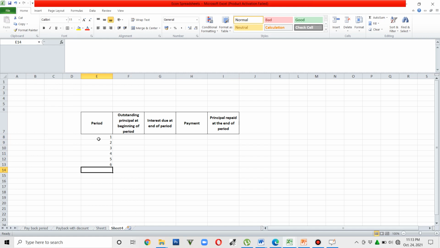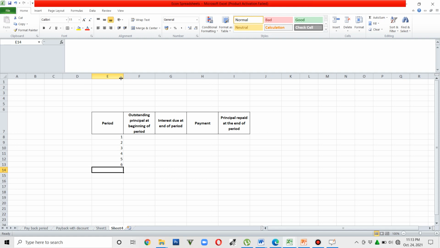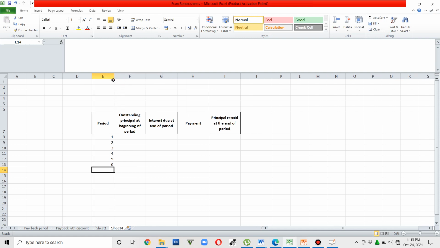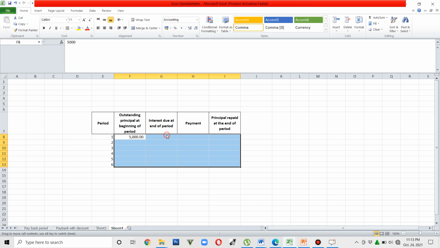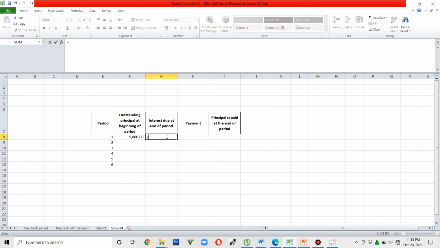Okay. And then so sa period 1, of course, magsisimula yan sa kabuuan utang. So that is 5,000 pesos, no? Okay. From this kabuang utang, so the rate of interest is actually 15%.